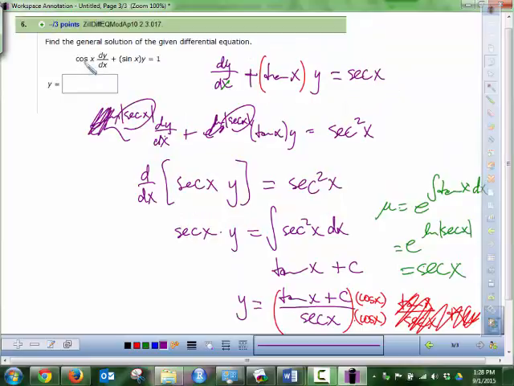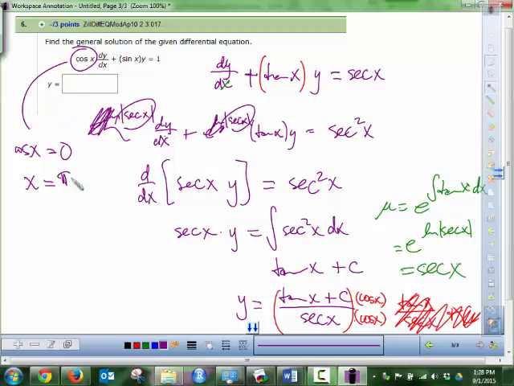So wherever cosine x is equal to 0 are going to be your singular points. So x is equal to pi over 2, right? Cosine of 0 is not 0. Cosine of pi over 2 is 0.